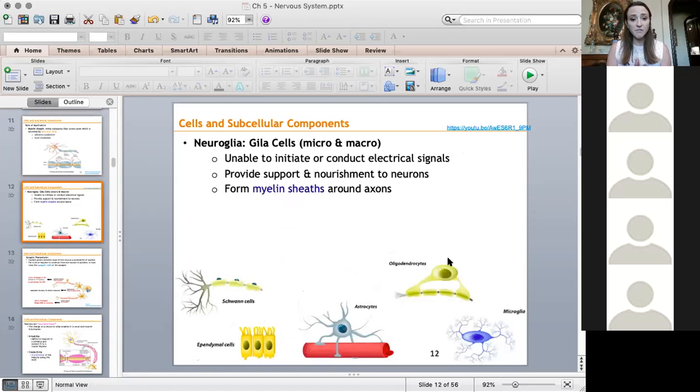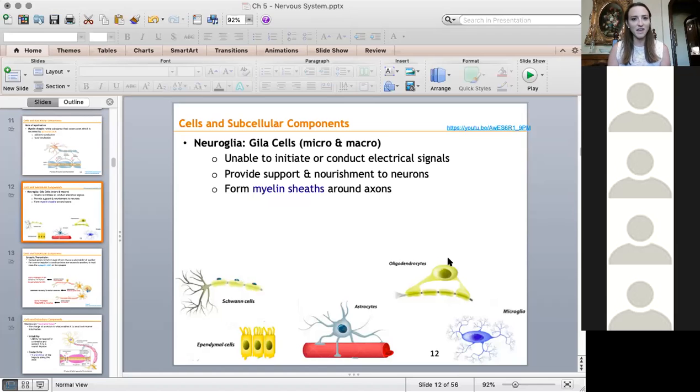Next is neuroglia. They're glia cells. We have microglia and macroglia, which we learned about in that YouTube video. You may not have a question specifically about what an astrocyte or an oligodendrocyte is, but you may have questions like, what's the purpose of neuroglia? What do they do? These three bullet points right here are the best place for you to learn that.